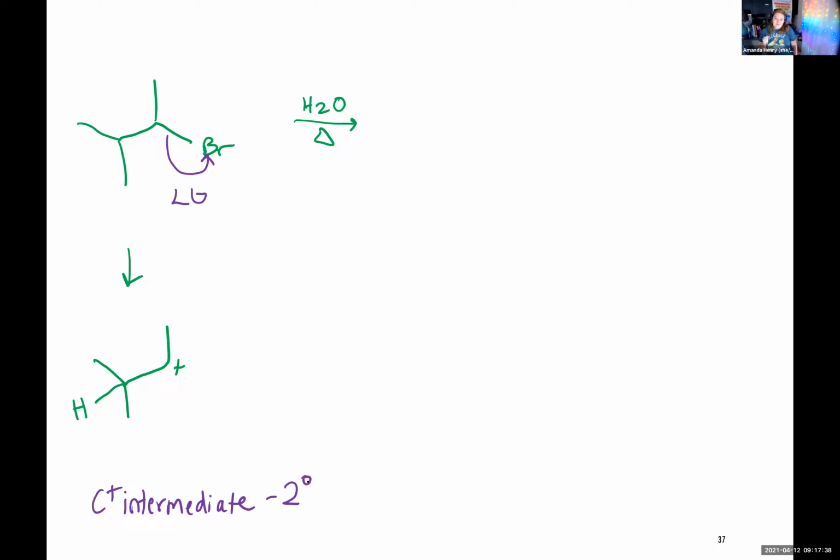So remember, rearrangements only happen if they improve the stability of the carbocation. So here's how we do the shift. I'm going to start my arrow at the electrons, and I'm going to go right to that carbon. This is my hydride shift, would be the specific name of it. We could also just call it a carbocation rearrangement.